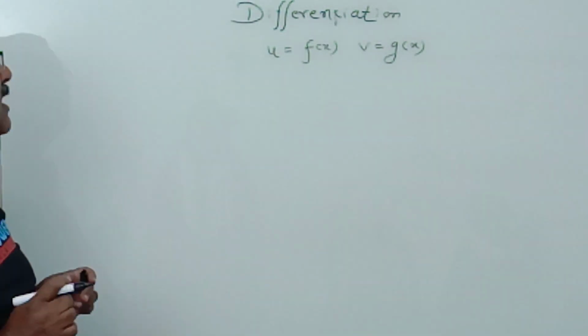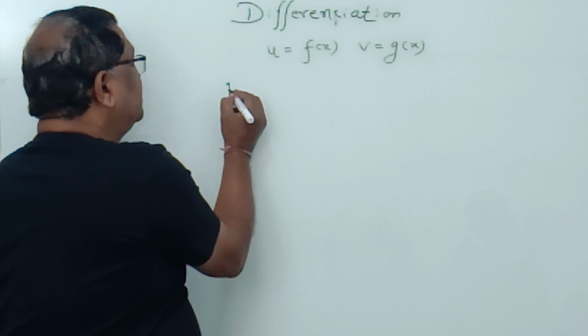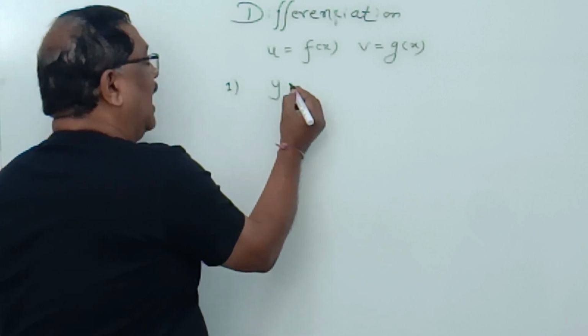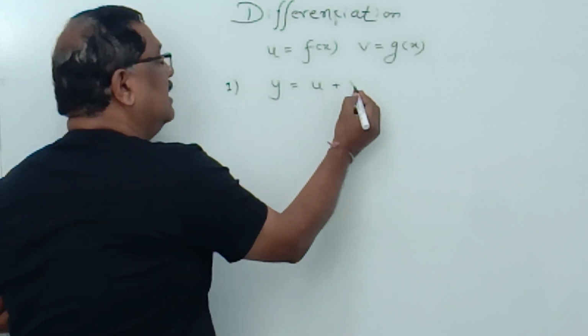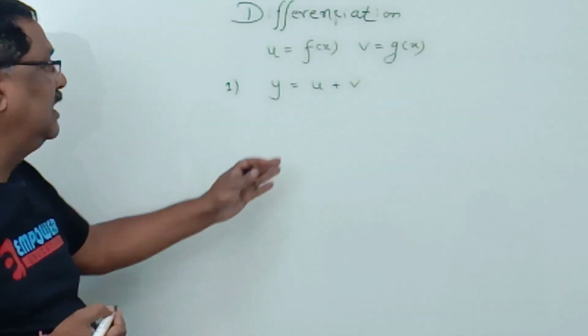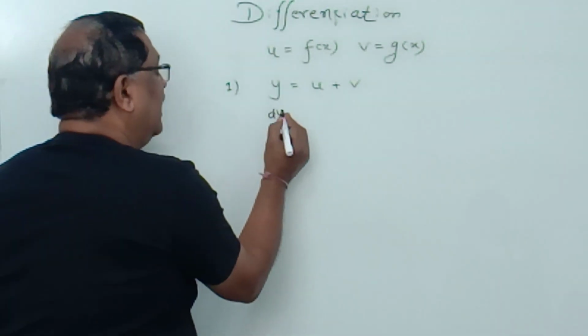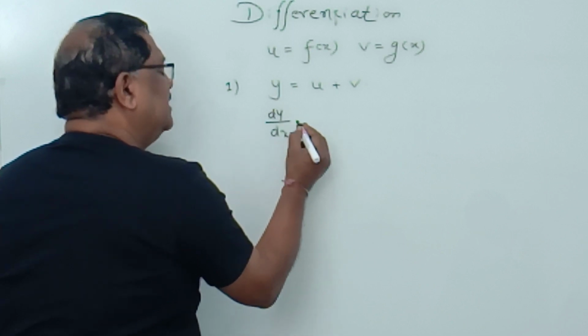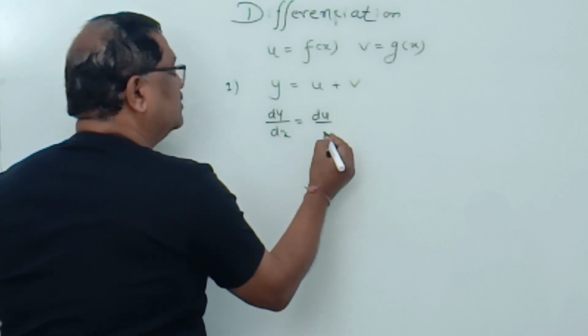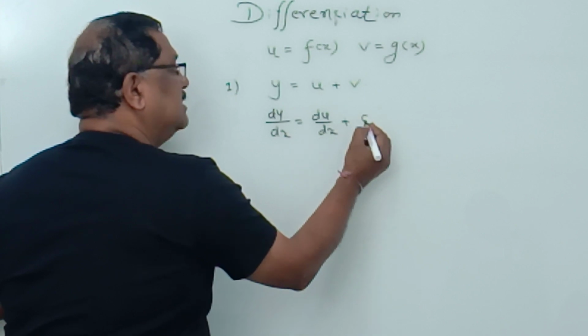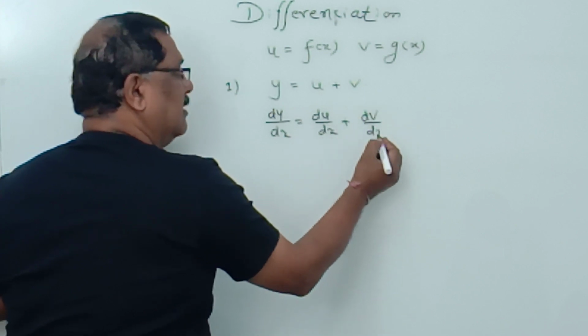If I take the addition of these two functions, y is equal to u plus v, then dy by dx is simply the addition of the two derivatives, du by dx plus dv by dx.